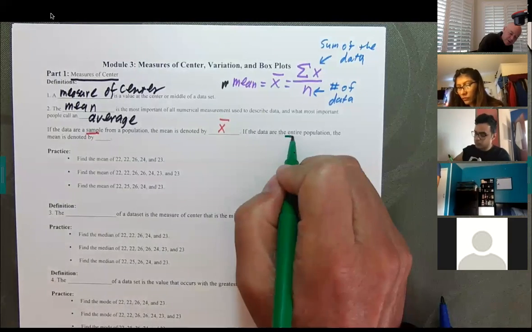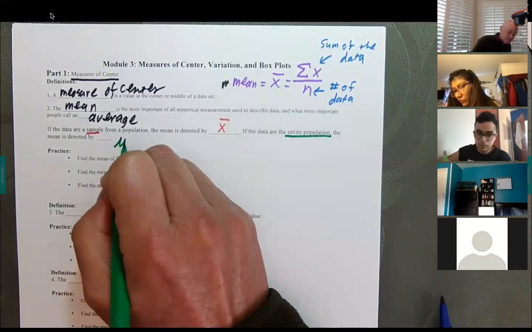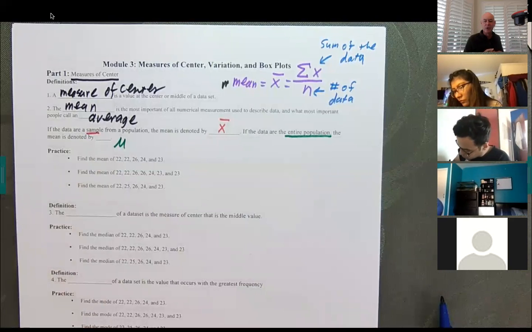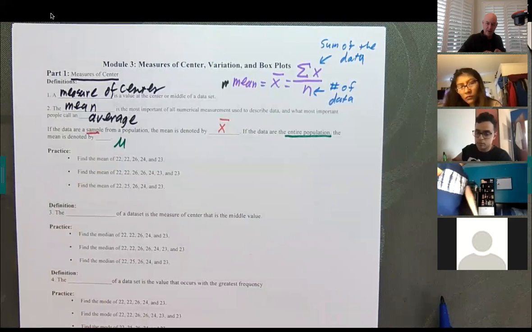If it's the entire population, we use the Greek letter mu. We talked about that last time. It's a lowercase m in the Greek alphabet.